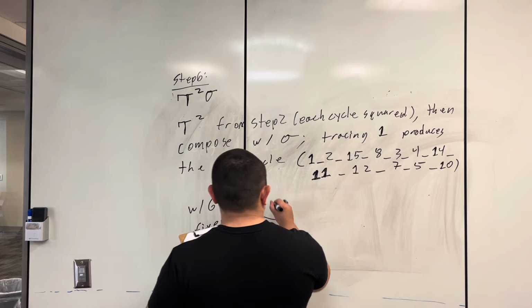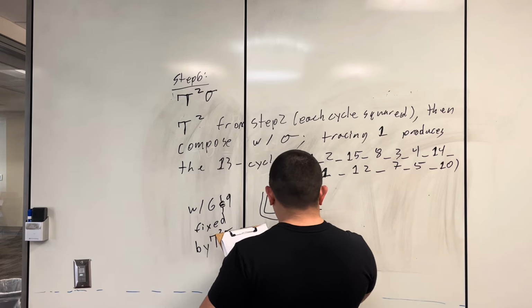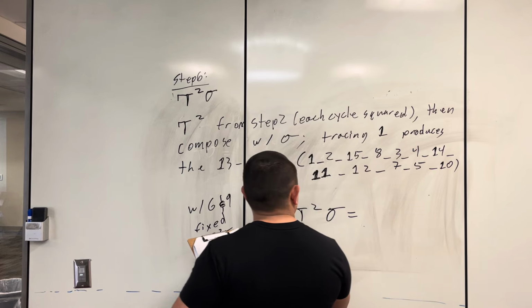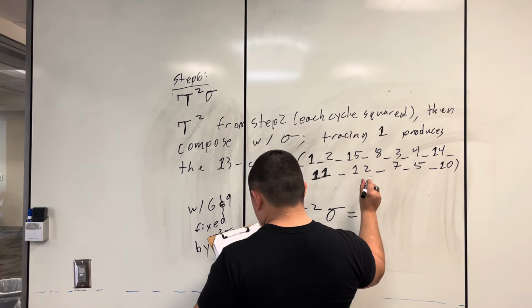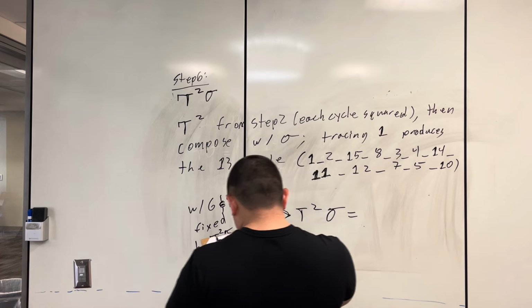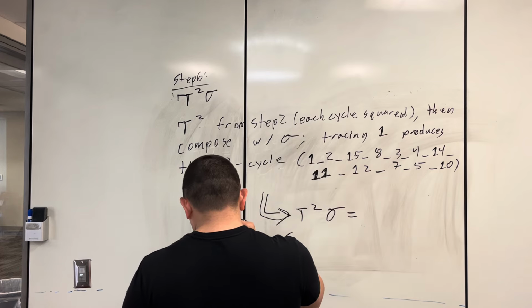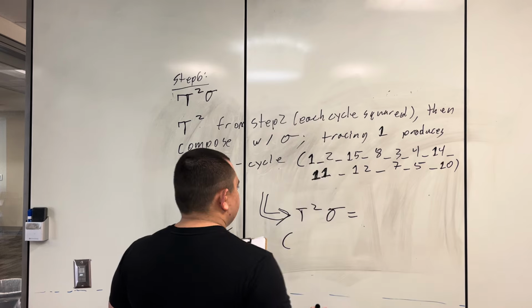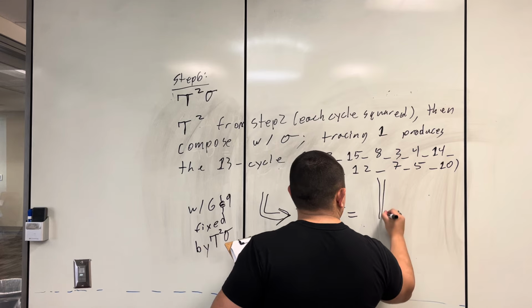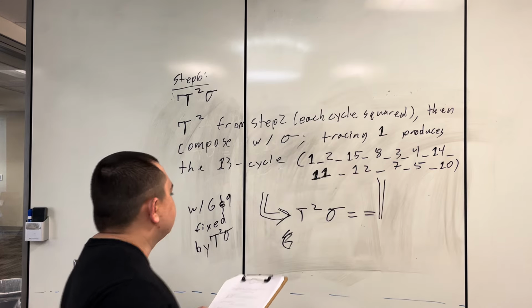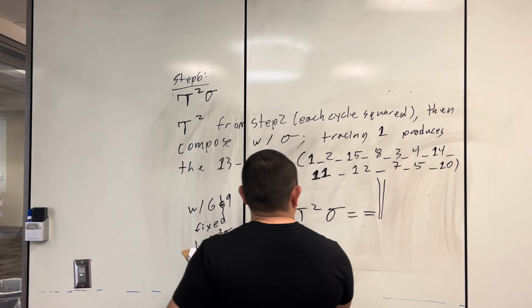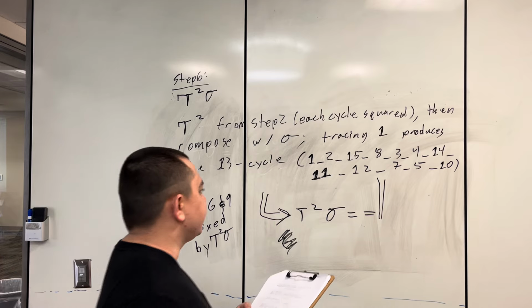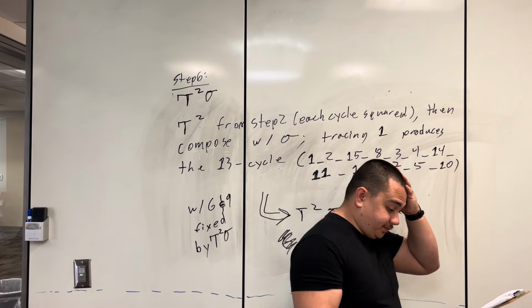So what we get then is tau squared sigma equal to this. It's not really a notational thing. All we had to really do is trace 1 in that case. Which works.